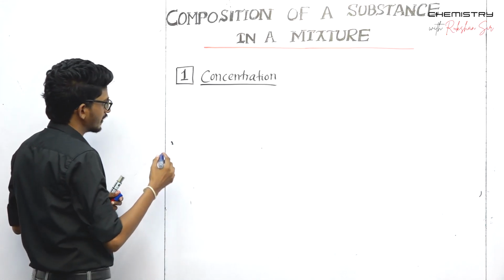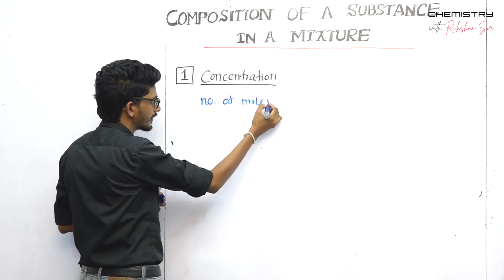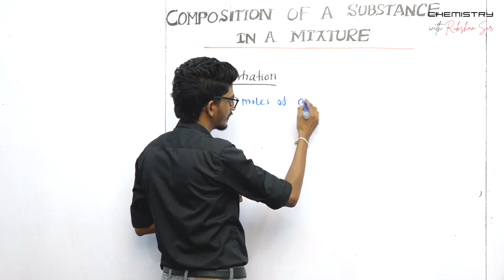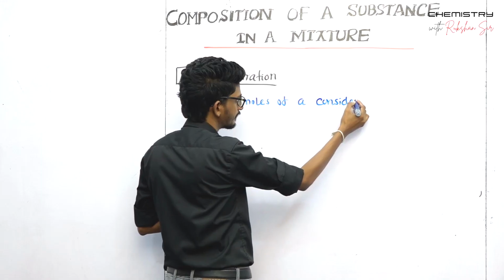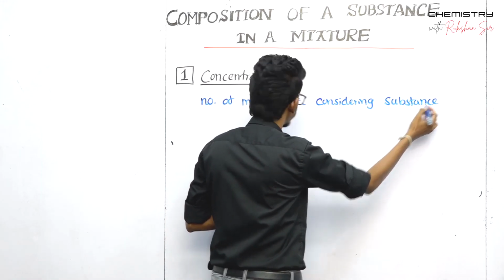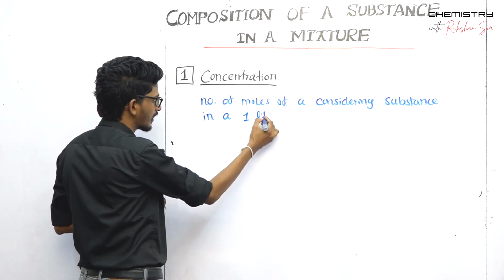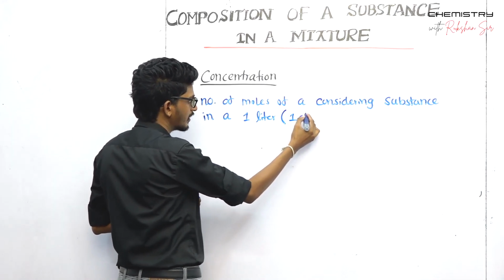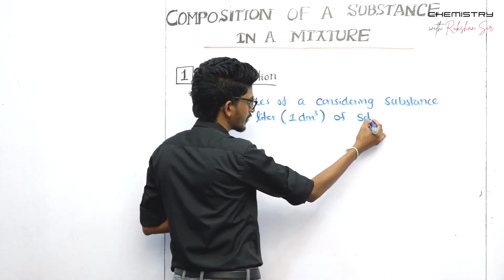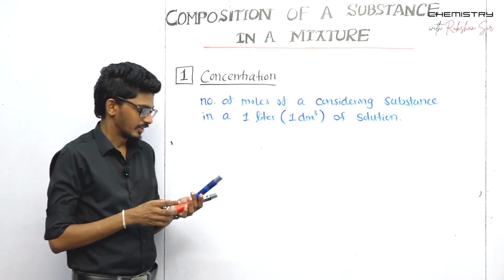Concentration is the number of moles of a constituent substance in 1 liter, or one may say 1 decimeter cube, of solution. This is the definition.